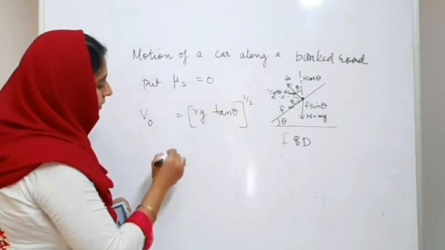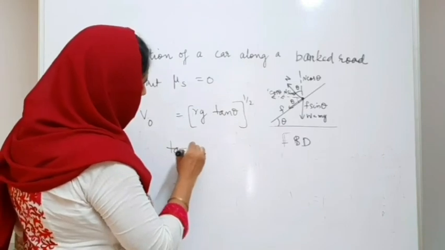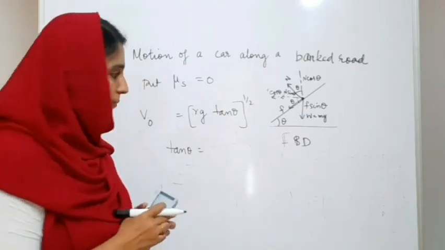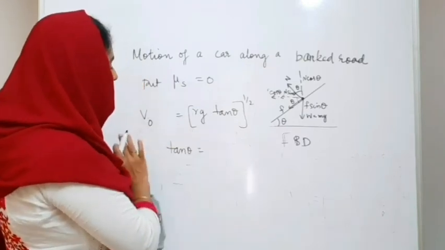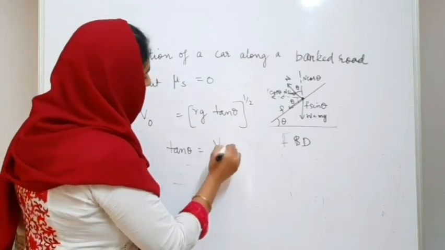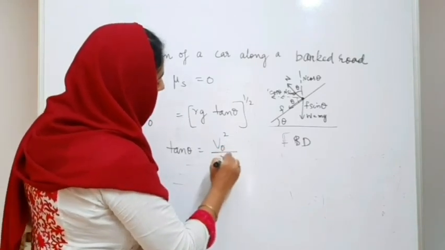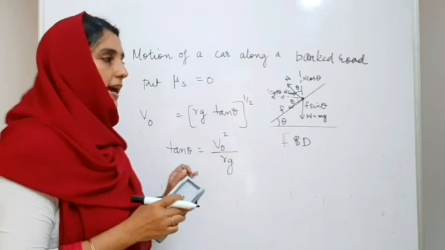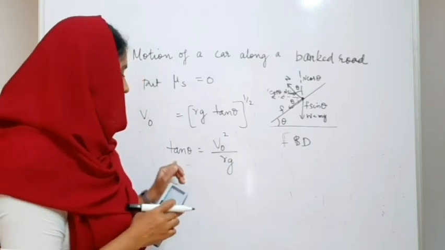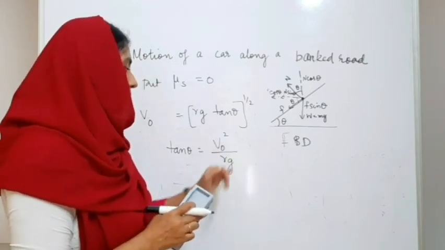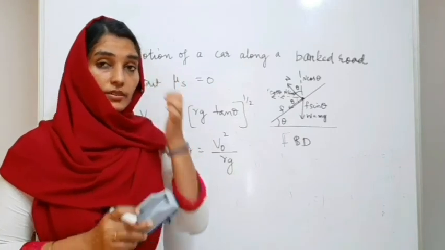From this we can also find an expression for tan theta, that is, the angle of banking. By squaring both sides, we get tan theta equal to V O square divided by Rg. That is, the angle of banking should satisfy tan theta equal to V O square divided by Rg for this case.